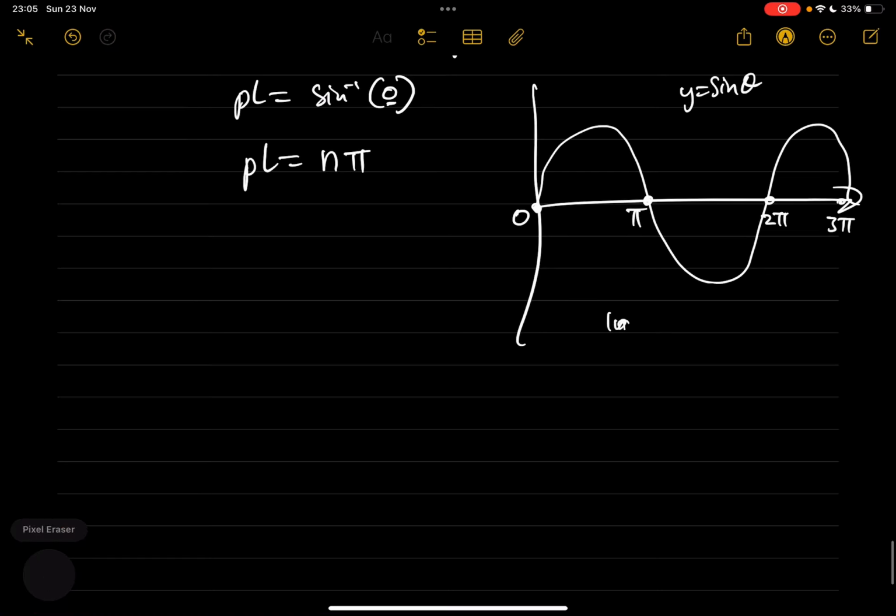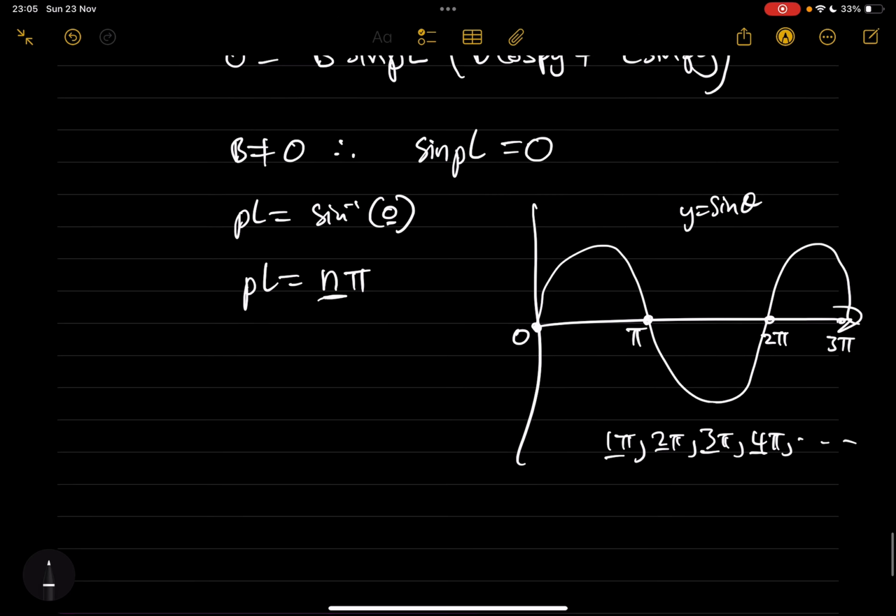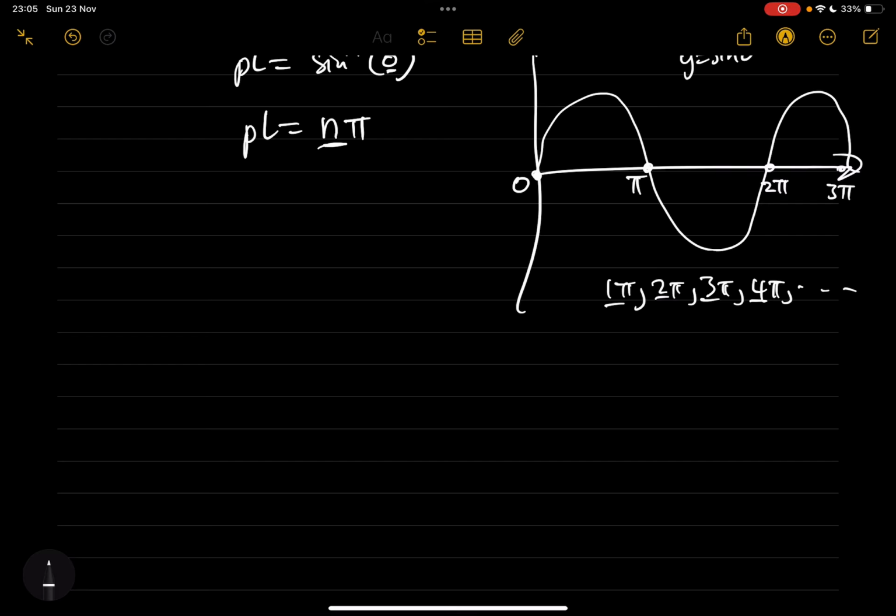So now our solutions are what? 1 pi, 2 pi, 3 pi, 4 pi, continues, right? So 1, 2, 3, 4 is the n here. So you can say that n is a member of positive integers.